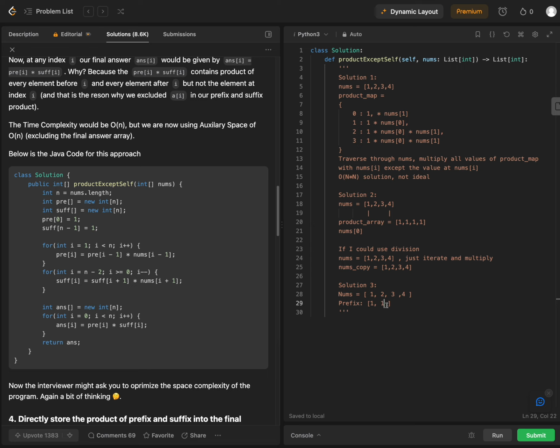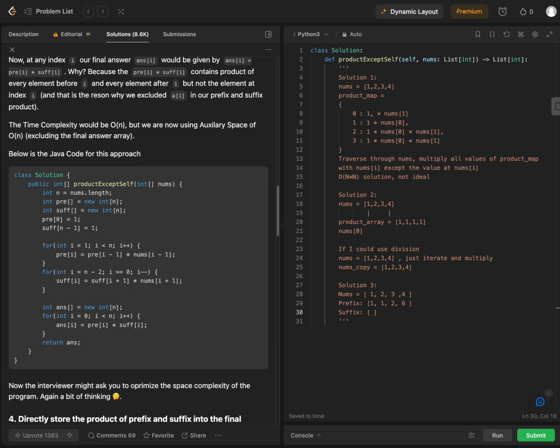Prefix of this one is equal to prefix of the previous one, 1 times this 2. Prefix of this last one is equal to this times this 6.